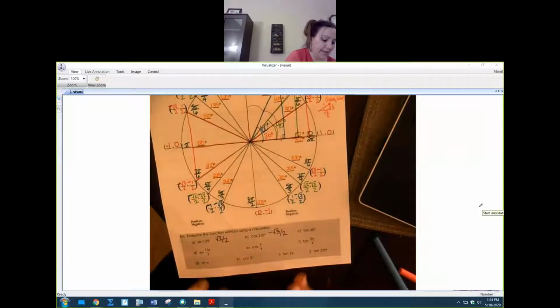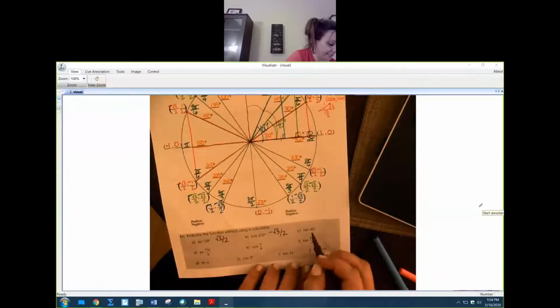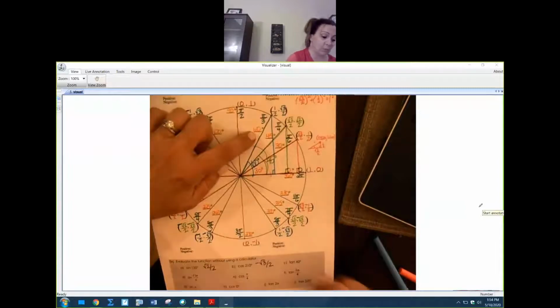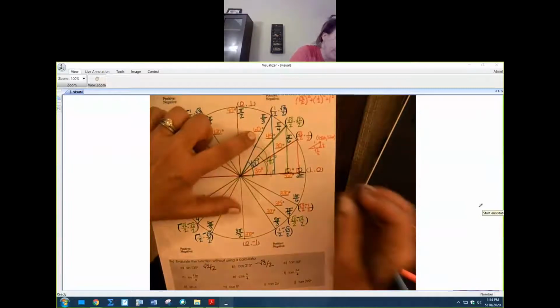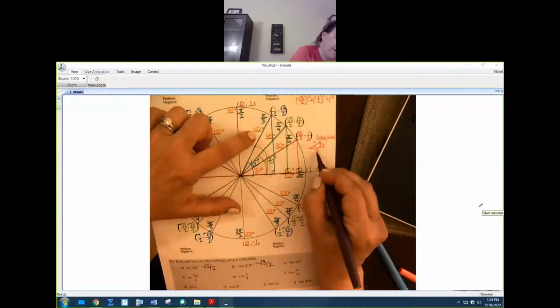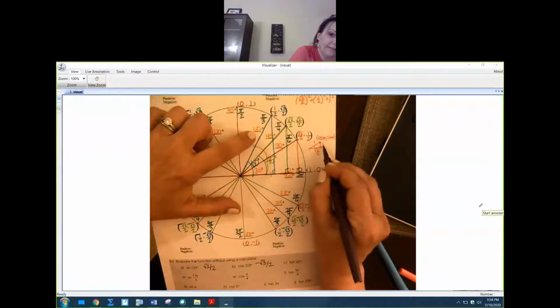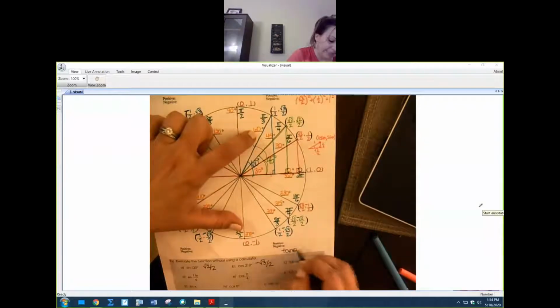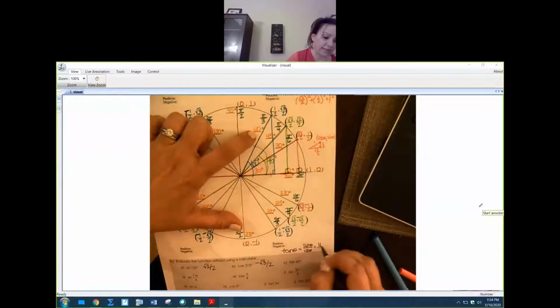That's it. But what about the tangent of 60? Oh, shoot, we didn't talk about what tangent was. Well, tangent would be our opposite over our adjacent. And our opposite was the sine of theta and the adjacent was cosine of theta. So anytime we want the tangent of theta, we take the sine of theta over the cosine of theta, which is essentially the y coordinate over the x coordinate.